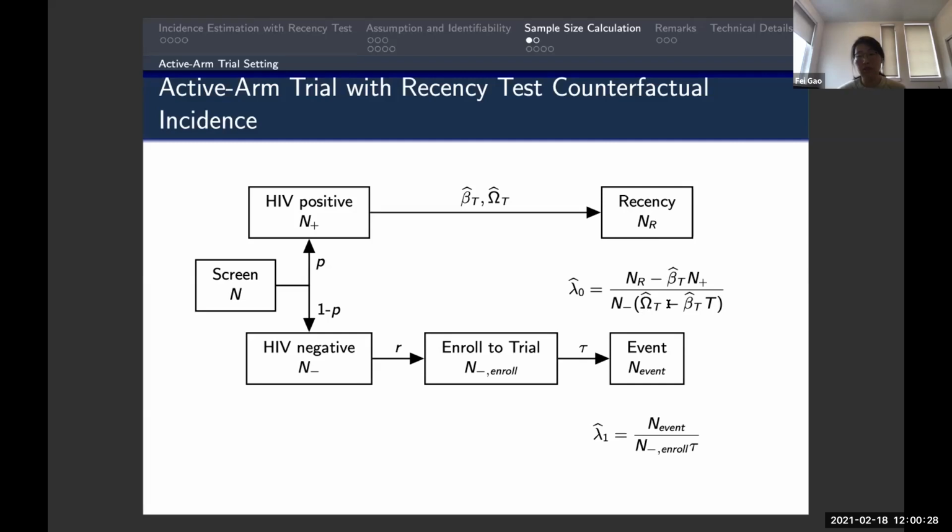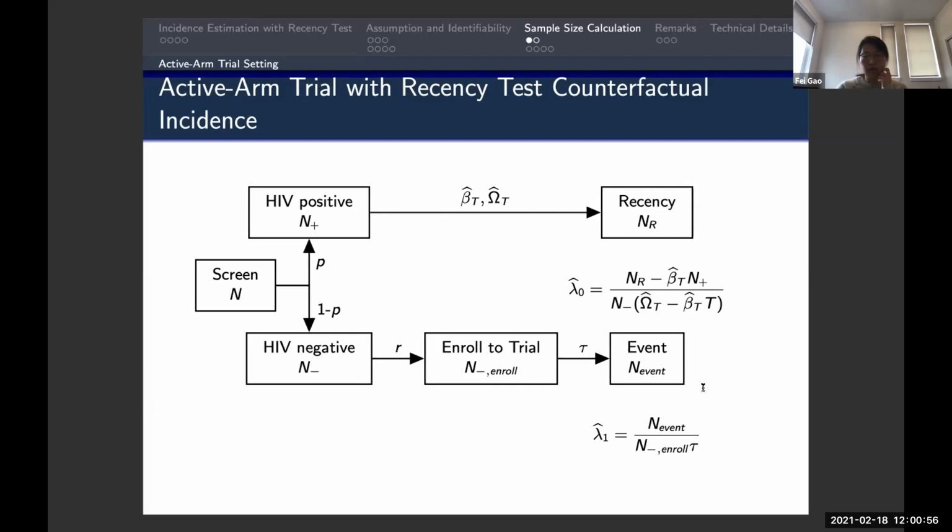The only difference is that we're going to replace this omega t and beta t by their estimators. Those values are available from the literature, with their mean values as well as their associated variabilities. So based on this trial design, for analysis, a natural approach is to contrast lambda 1 hat and lambda 0 hat to come up with a measure of efficacy.